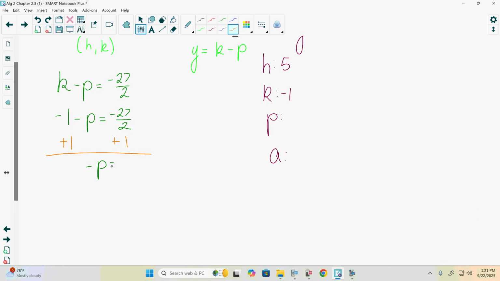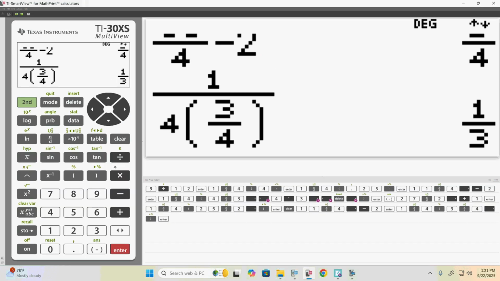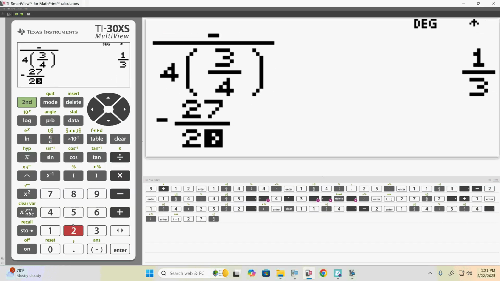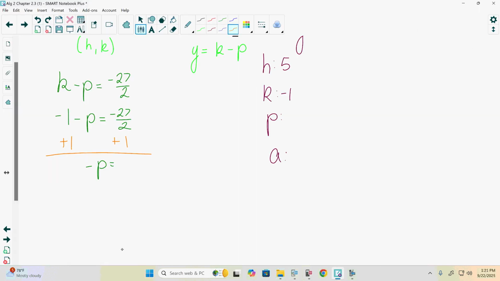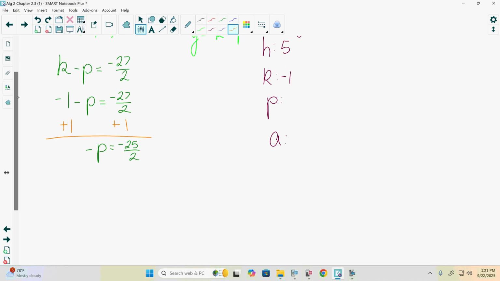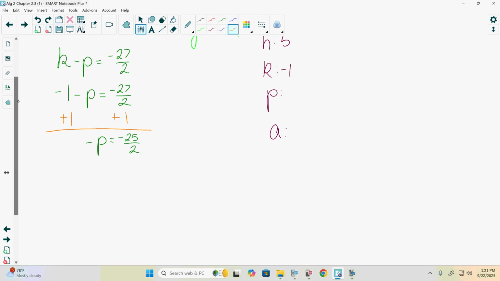So the first thing we can do is add 1 to both sides. Negative 27/2 plus 1 is negative 25/2.